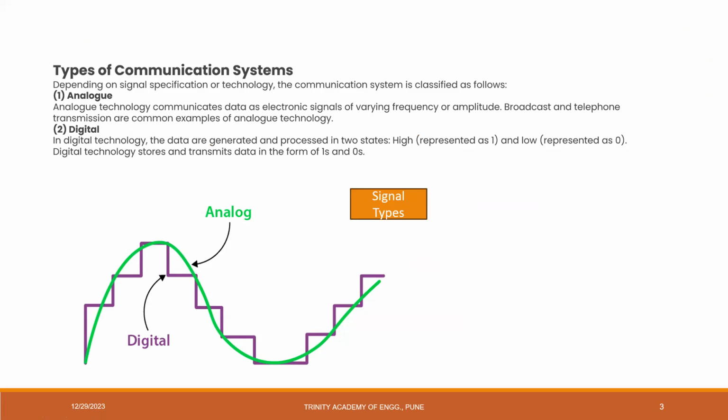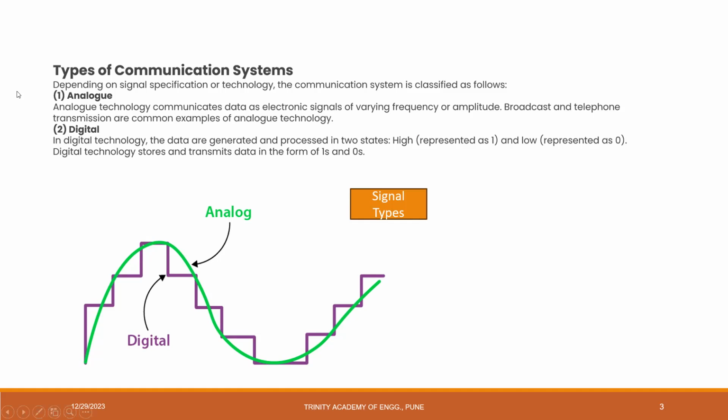This analog technology communicates the data as an electronic signal of varying frequency or amplitude, which is shown in the figure. This green signal shows the analog signal. This signal has three basic parameters: amplitude, frequency, and phase. According to that amplitude and frequency variation, it will be communicated. Broadcast and telephone transmission are common examples of this analog technology.